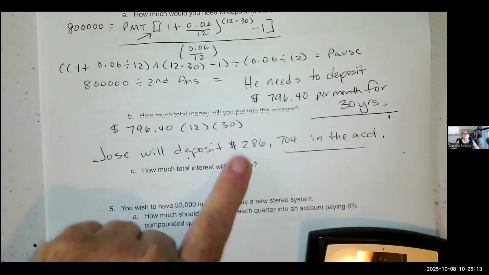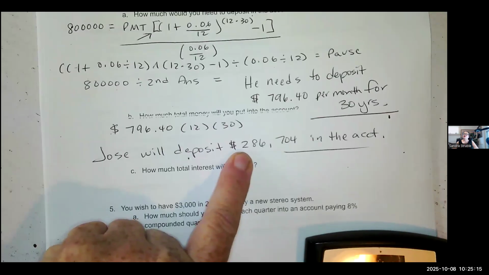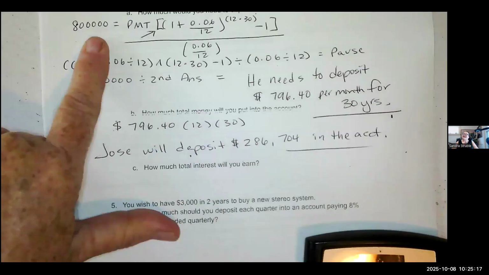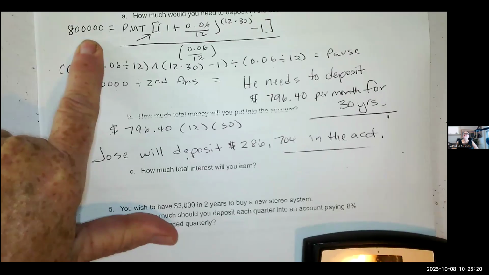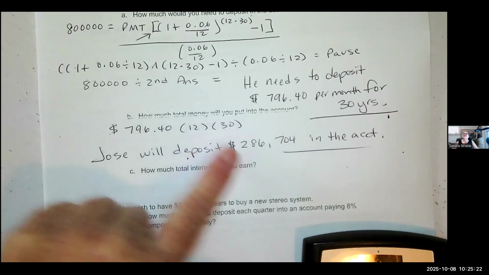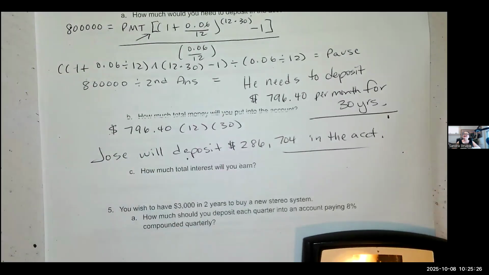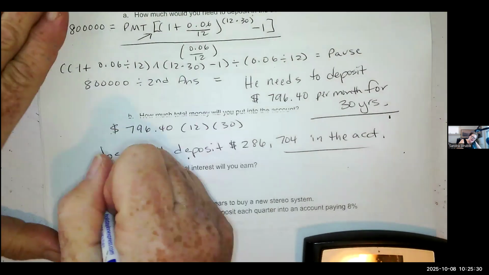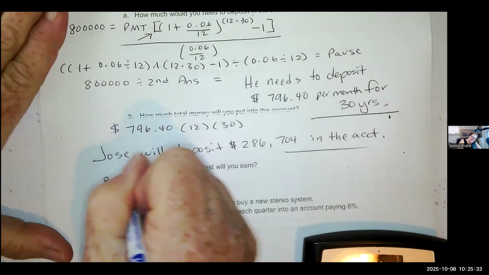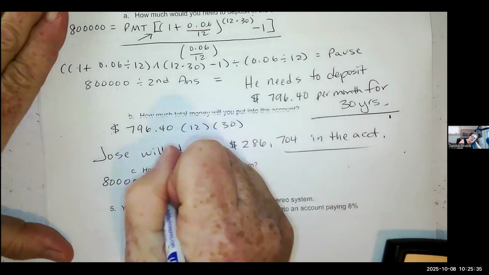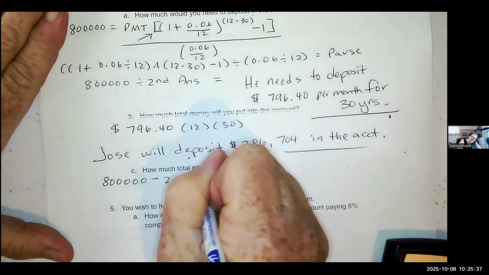So he deposits $286,704. He's getting $800,000. The difference between these two is pure interest. Phenomenal. So the interest is the 800,000 minus 286,704.